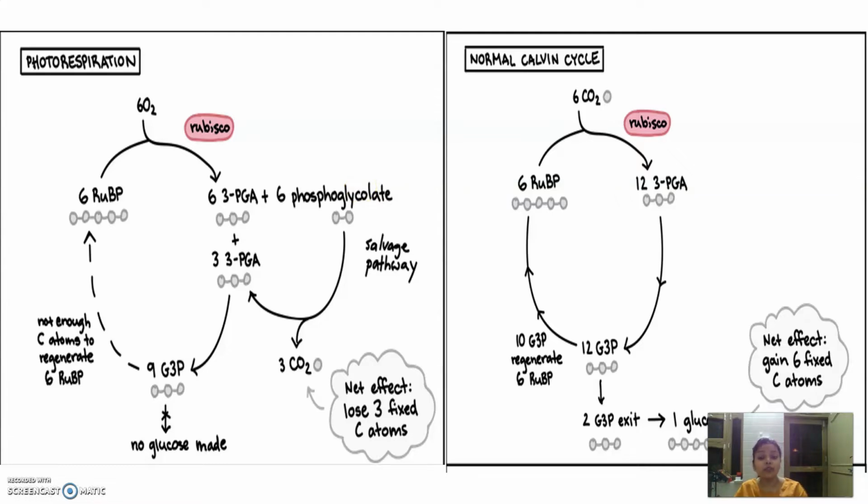But if we take 2 molecules of RuBP, 4 carbon atoms will be wasted as 2 molecules of phosphoglycolate, and along with this, 2 molecules of 3-PGA will be formed.